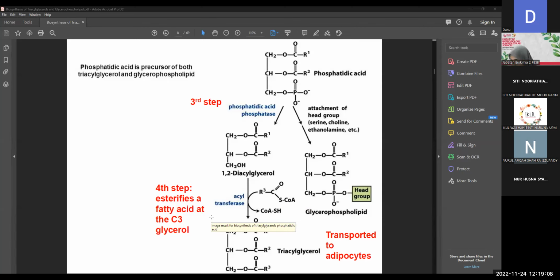Later we will discuss the head group, a polar head group that can attach to other molecules, for example serine, choline, ethanolamine, and inositol.